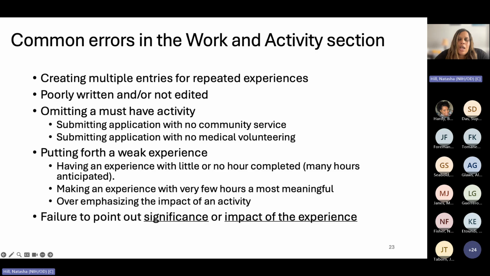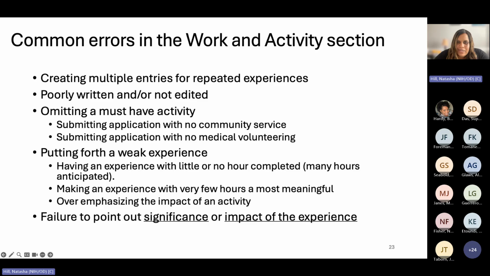So what are some common errors that we see in the work and activity section? Creating multiple entries for repeated experiences, poorly written or unedited experiences, omitting must-have activities like community service, putting forth a weak experience, and having an experience with little to no completed hours but many anticipated hours.